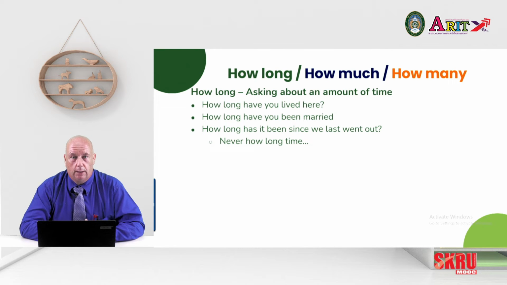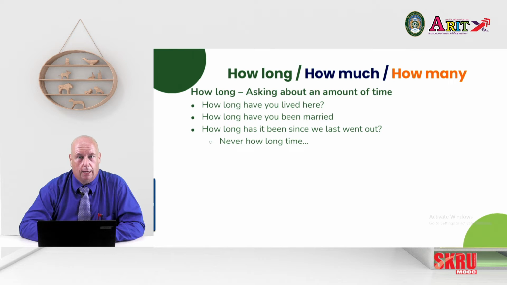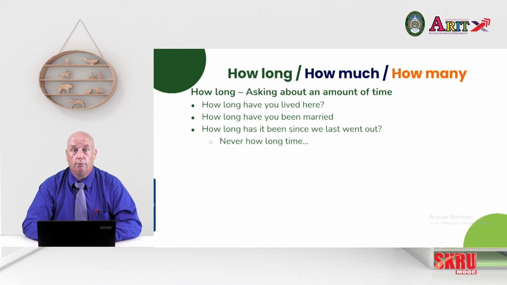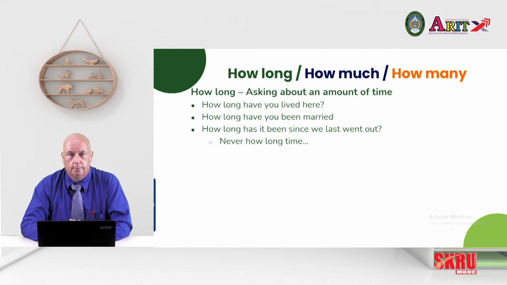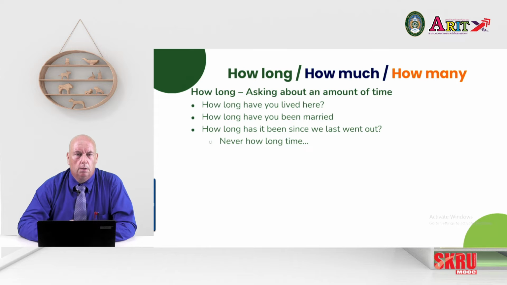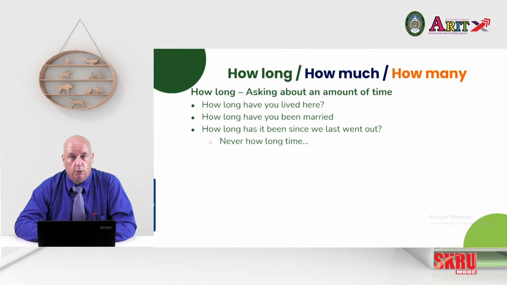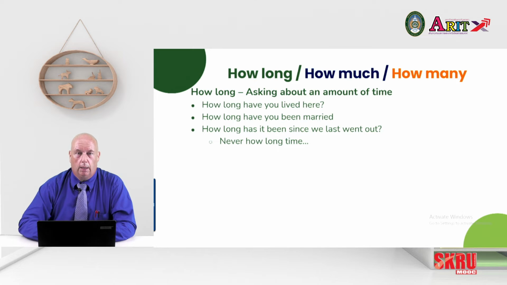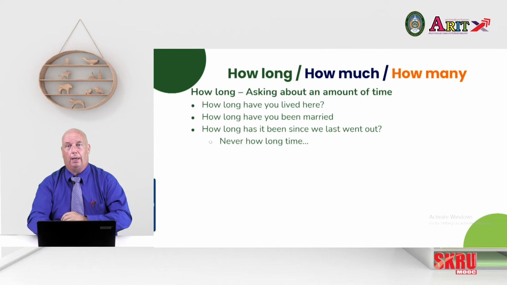You'd use that for things like, how long have you lived here? How long have you lived in Thailand? How long have you been married? How long has it been since we last went out? One of the things that's a common mistake, we don't use how long time. Okay, so we don't use how long with the word time.